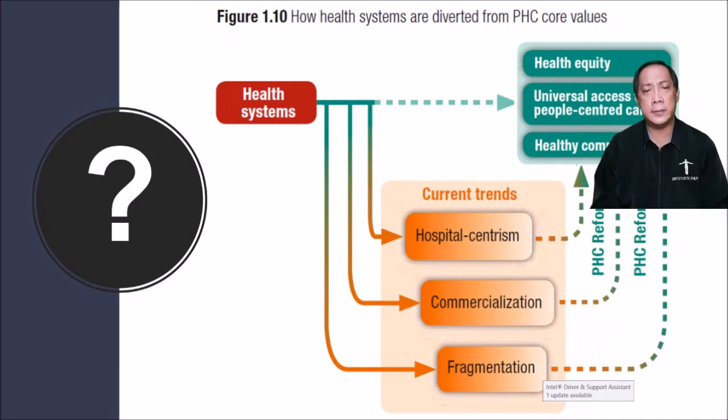Unfortunately, that's not the case. Now the health system is diverted downwards to add another layer before even going to people. That will be the health system, then the current trend of hospital centrism, commercialization and fragmentation. This all influences the way healthcare is delivered and the way health services are managed.